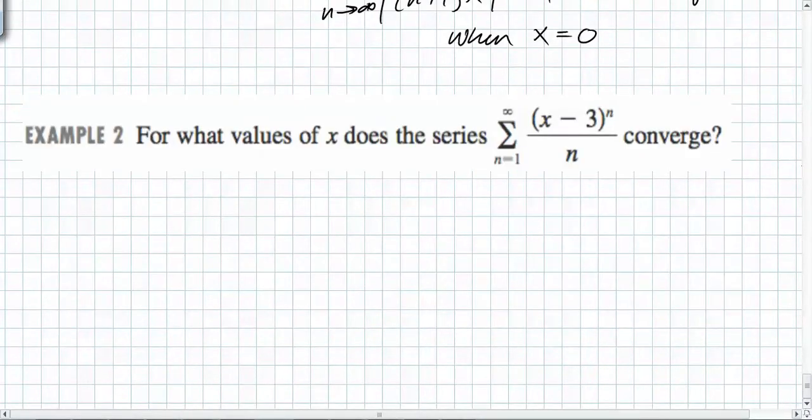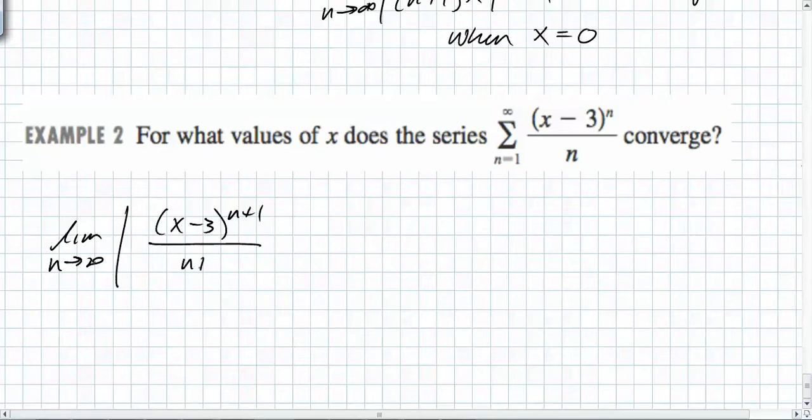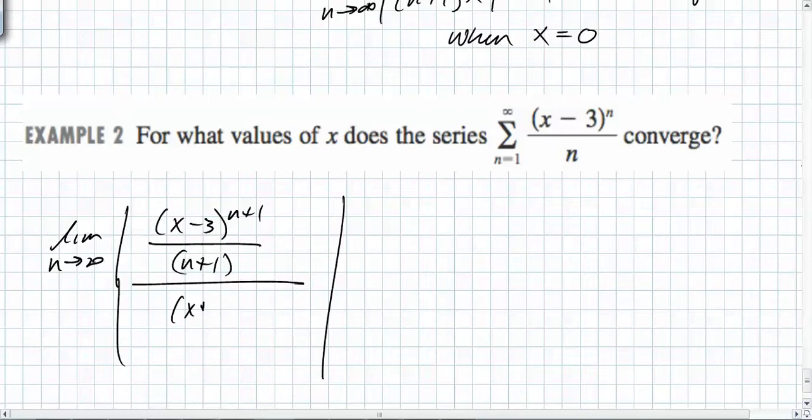For what values of x does this converge? So again, we'll use the ratio test. It's the limit as n goes to infinity of the absolute value of (x minus 3) to the n plus 1 over n plus 1, all over (x minus 3) to the n over n.